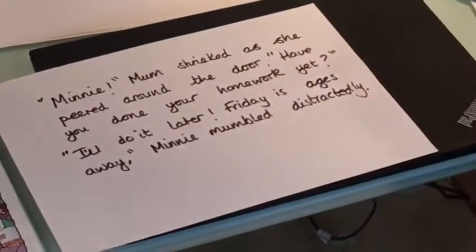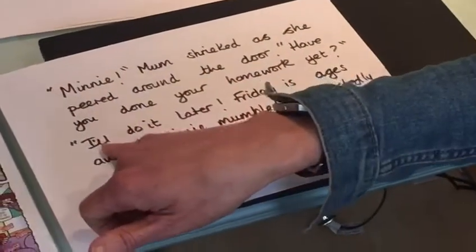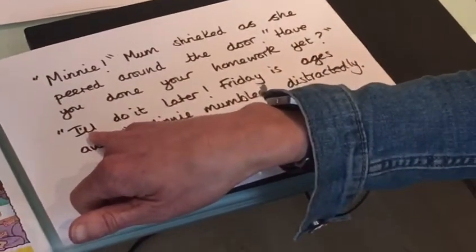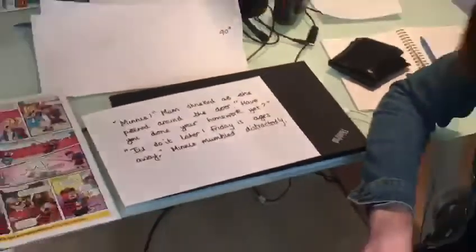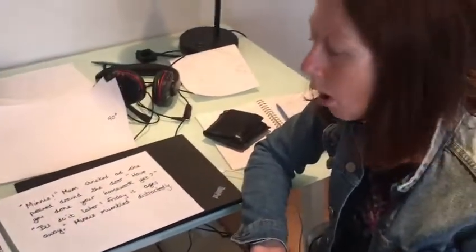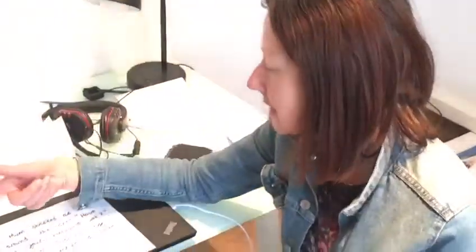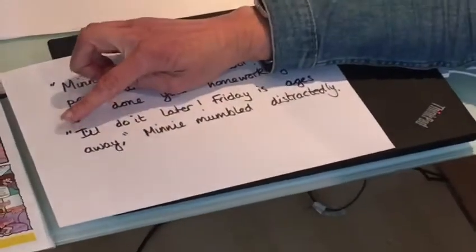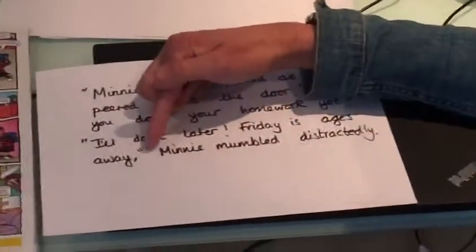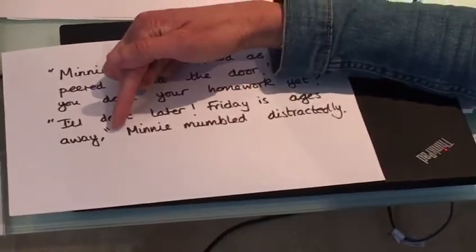The next thing you'll notice is I've started a new line for Minnie's reply. Every time you have a new speaker, you must start a new paragraph or a new line. So Minnie says, "I'll do it later. Friday is ages away." So I've started Minnie's speech with inverted commas and I've closed Minnie's speech with inverted commas.